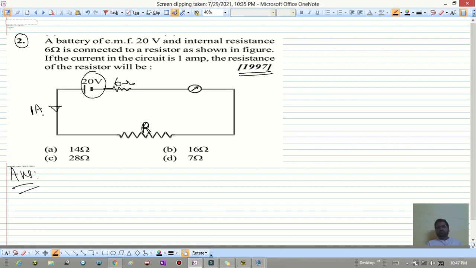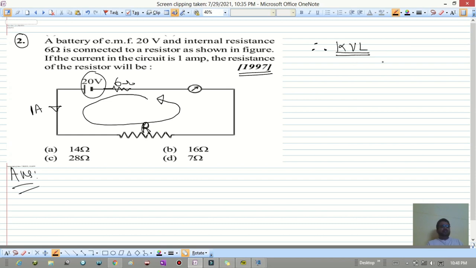So current is given, and this resistance we want, so we can apply Kirchhoff's voltage law over here. What is Kirchhoff's voltage law? I'll explain a little bit about it.